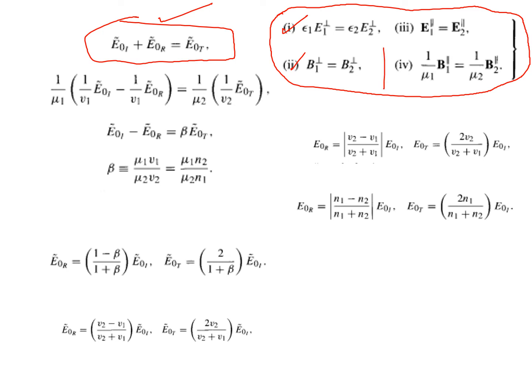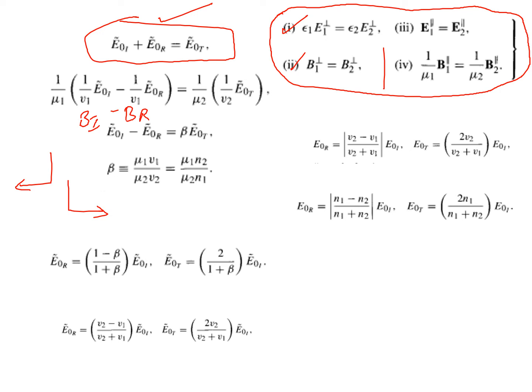And the fourth boundary condition requires that 1 by mu1 times the parallel components of the magnetic field. There is a Bi component and a Br component. So that is this one: Bi minus Br, because if one is like this, the other is like this. So that is why the minus sign is there. Okay, 1 by mu1 times Bi.